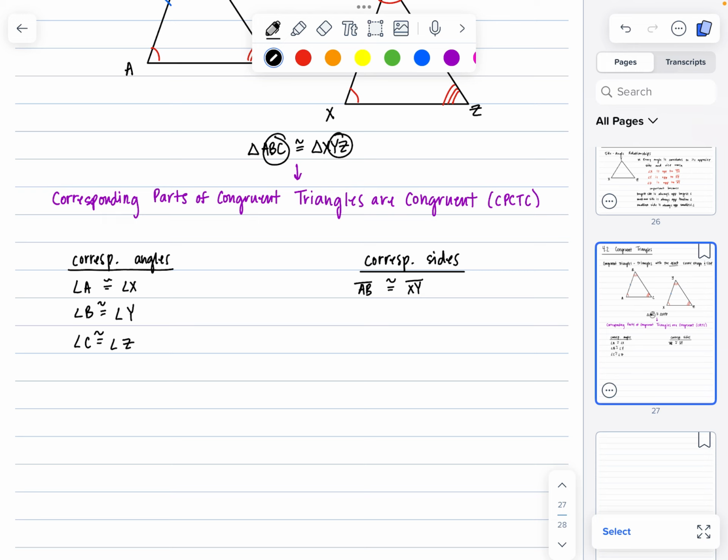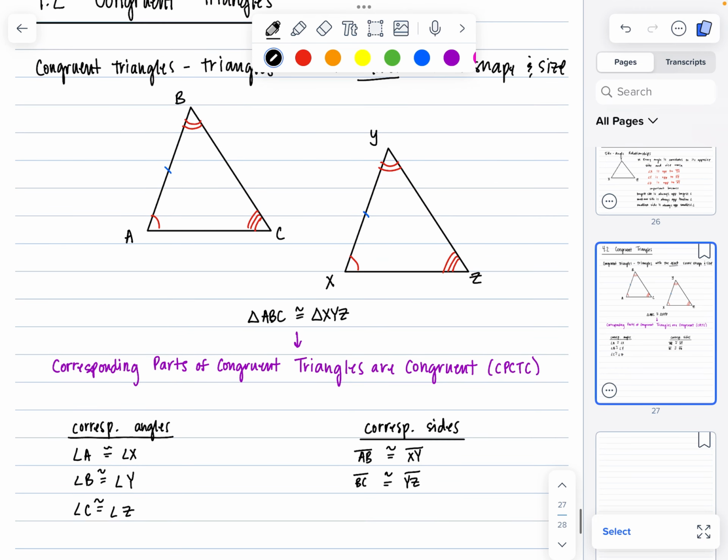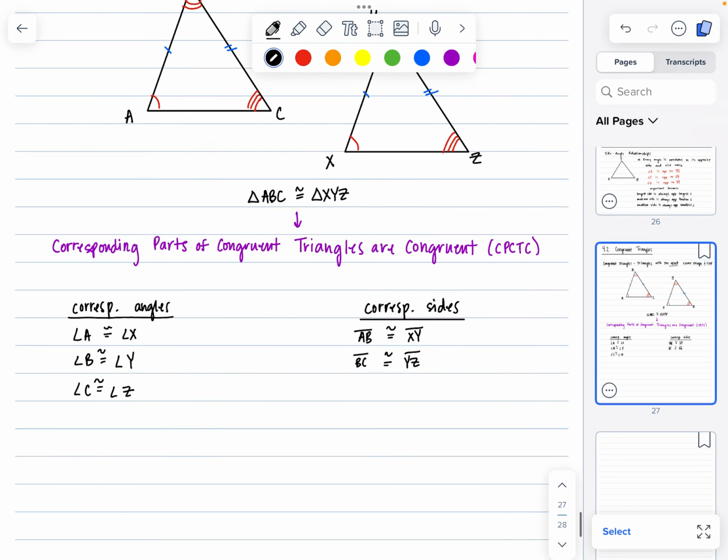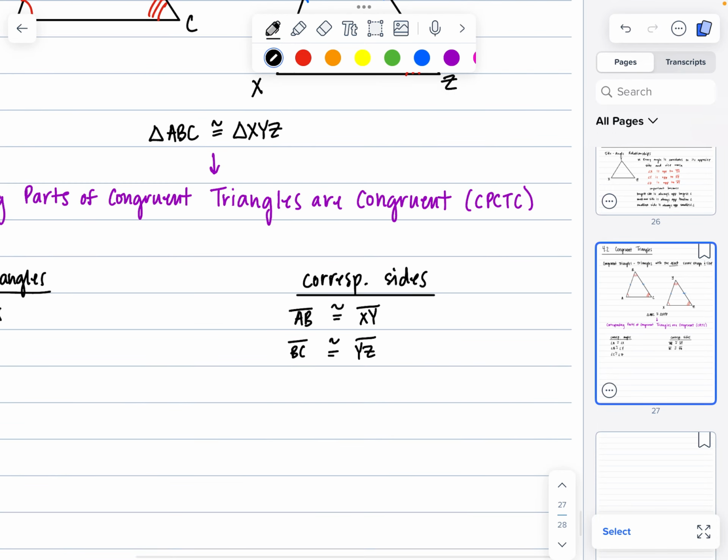BC as the second and third, YZ is the second and third. So we could say side BC is going to be congruent to segment YZ. Okay, 2 ticks, 2 ticks.